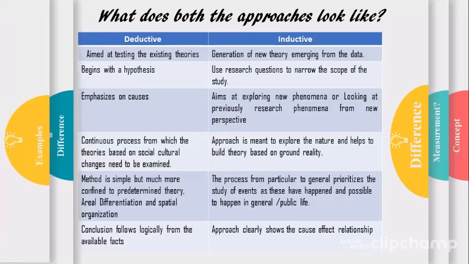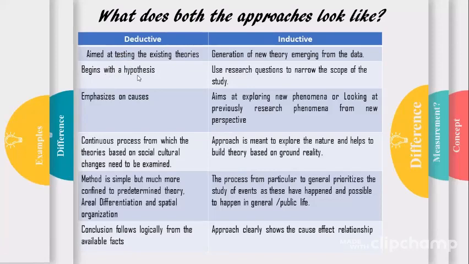So these are the various differences of the deductive and the inductive approach. First of all, in the deductive, it aims at what? It aims at testing the existing theories. Already the theory is there. But here in inductive, it is a generation of new theory. New theories are generated from the various data.